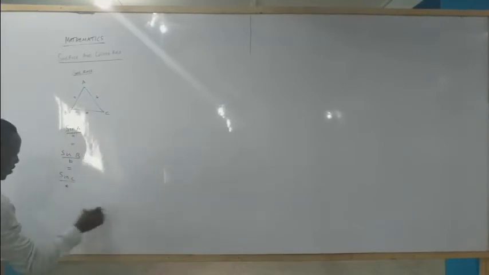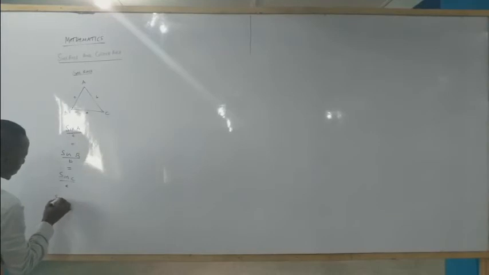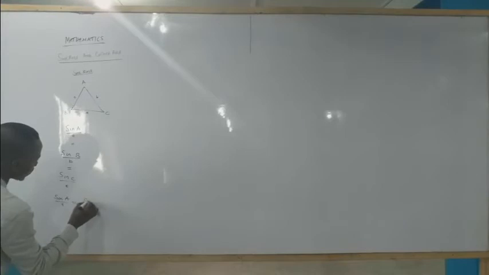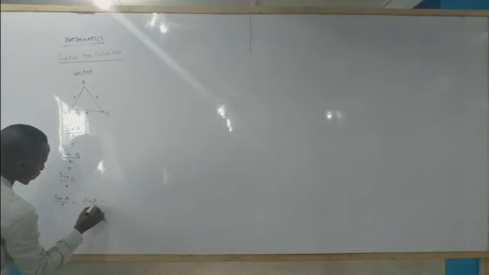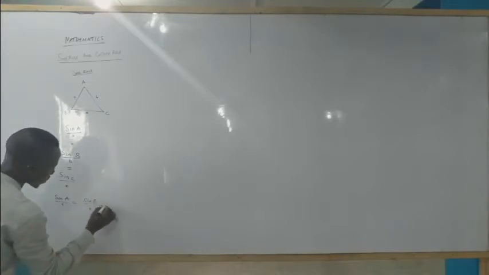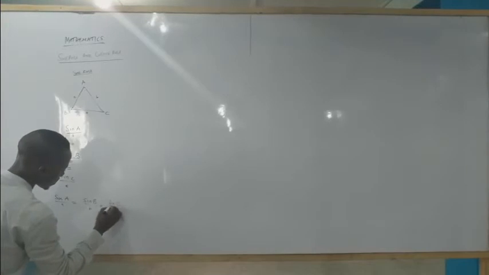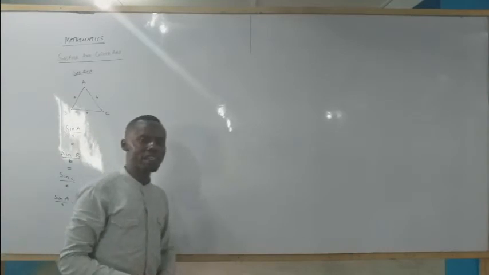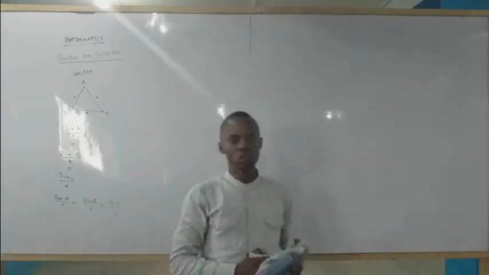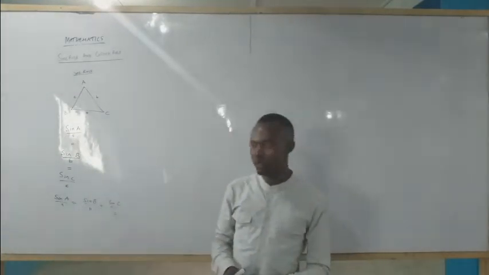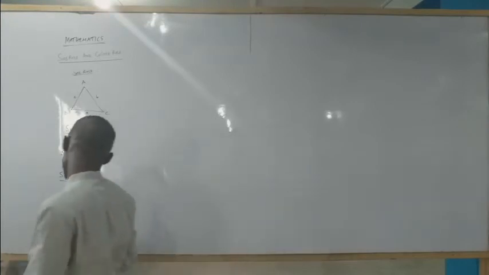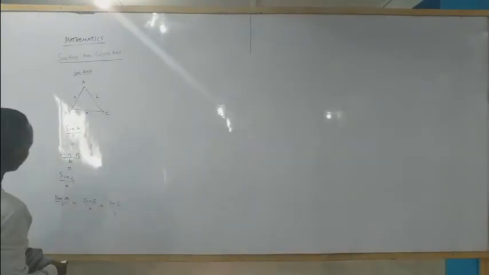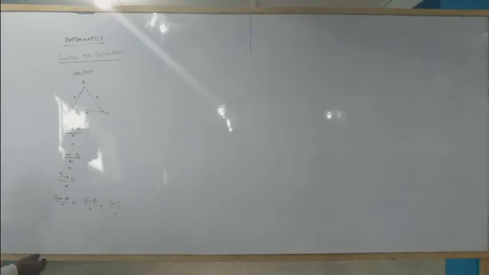So we can write it horizontally: sine A over a equals sine B over b equals sine C over c. This is so in any given non-right angle triangle. So this is what the rule is saying.